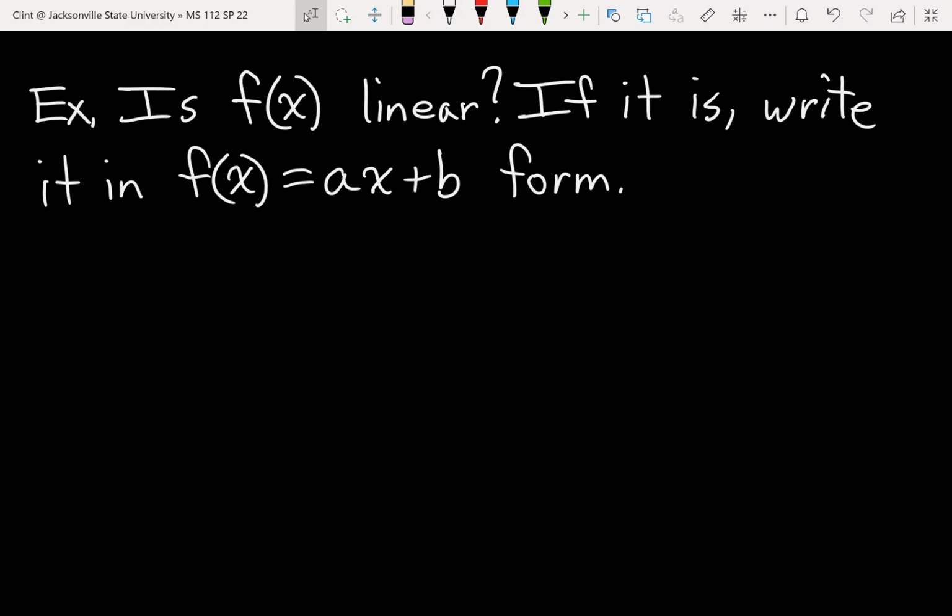Okay. So let's look at a couple. So what about that one? Do you think that one's linear?